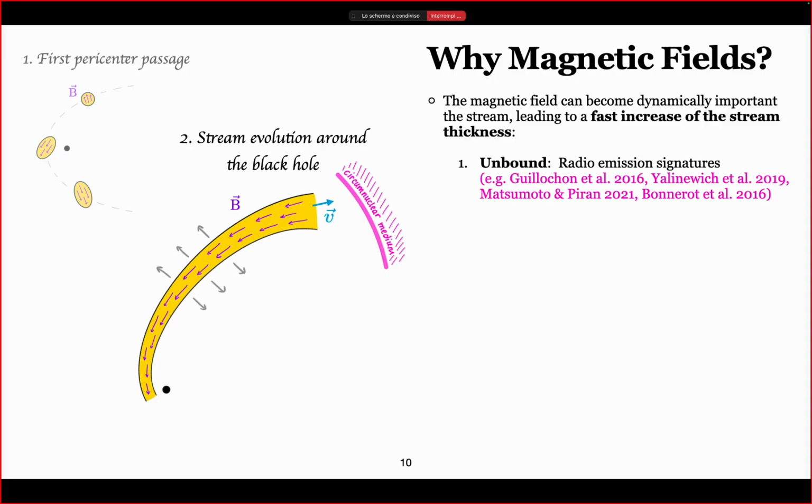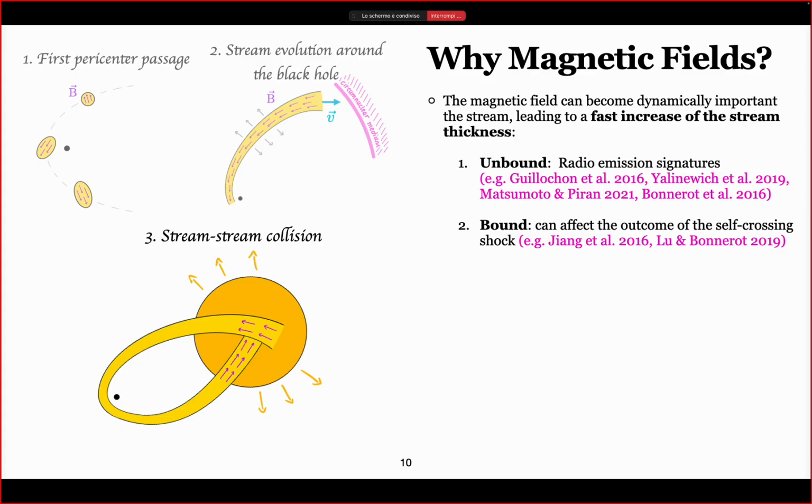For example, the unbound part of the stream, the one that escapes the system, will eventually interact with the ambient medium, and this interaction can produce synchrotron radiation. Having a thicker stream can increase the synchrotron radiation, and this could potentially explain the radio luminosity that is observed in some TDEs.